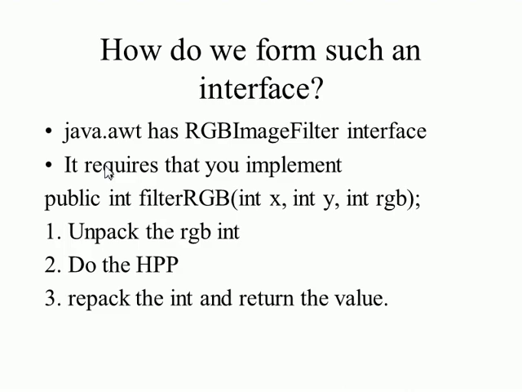So when you say filter RGB, what you're really doing is you're promising as part of the contract to grab out the red, green, and blue quantities, do what other kind of filtering you want to do, and pack them back in. Somebody, maybe Brian, asked, what do you need it for? And this is it. You said, how come we're learning about all of the shift and AND and exclusive OR operations?